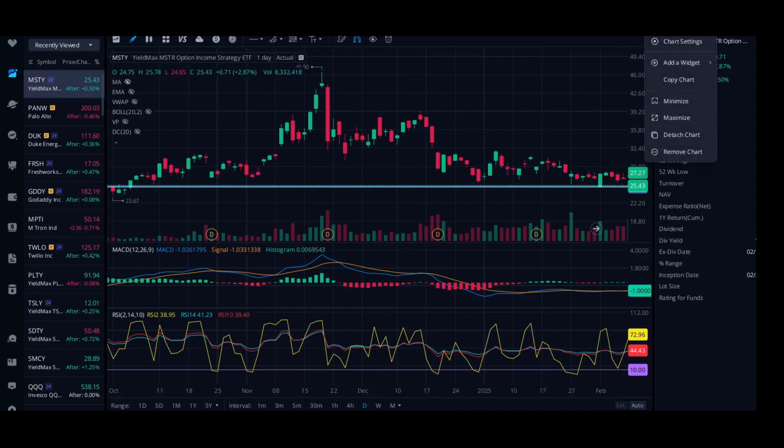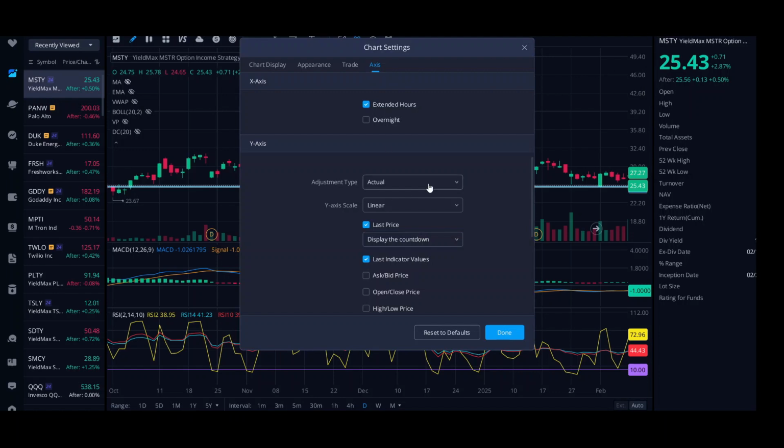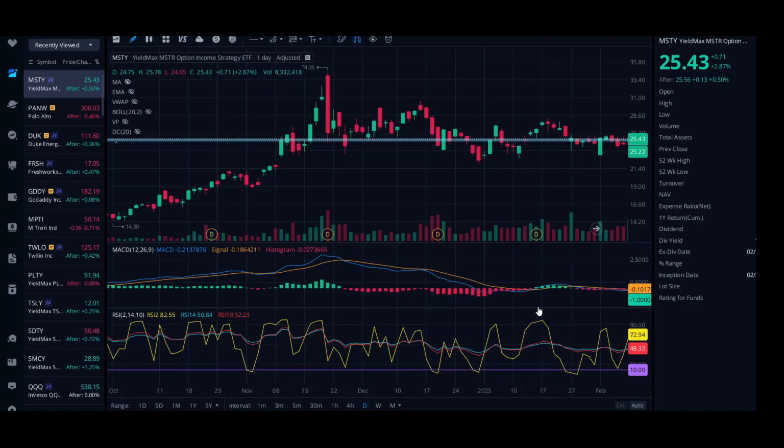And to change it to the adjusted, we simply go to chart settings, and we go back to that axis under chart settings, and the y-axis adjustment type, we change that to adjusted. Now we're looking at the adjusted chart, okay? So now this adjusted chart is going to be more along the lines if you're looking for your indicator points.